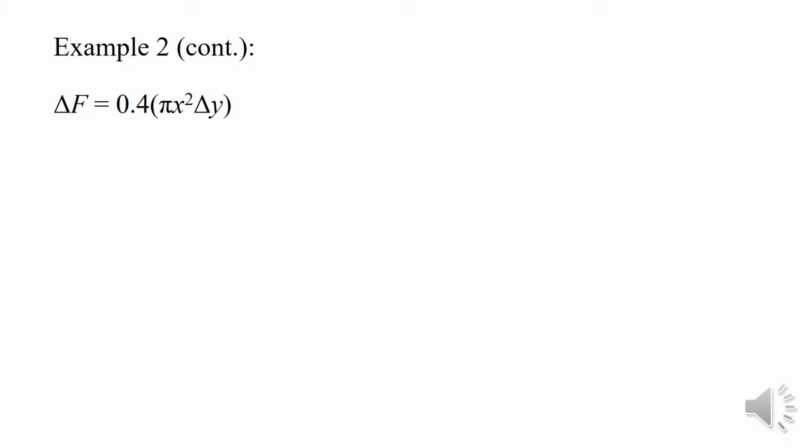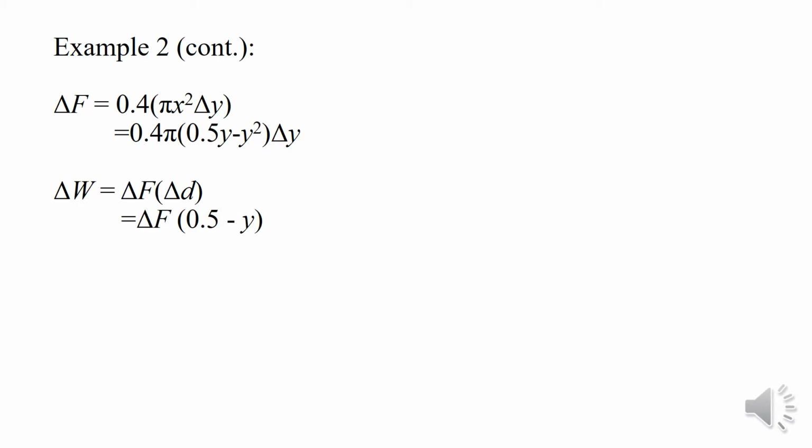Since we now know what x squared is, we can plug that in for the x squared in our force formula, which was change in force equals 0.4 times pi x squared times change in y. And we get change in force equals 0.4 pi times 0.5y minus y squared times change in y. Now, we know that the formula for work is change in work equals change in force times distance.